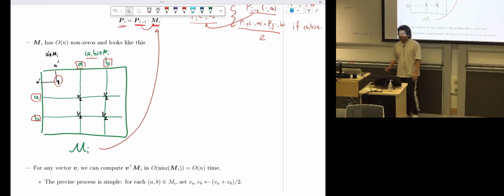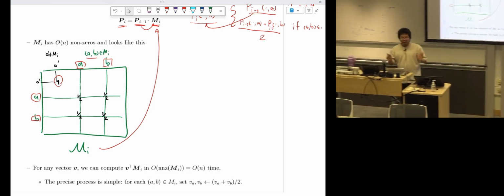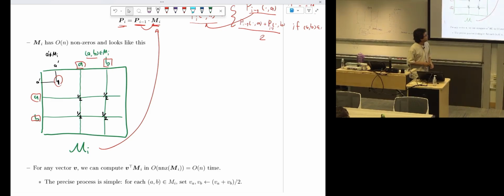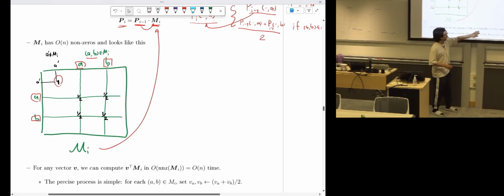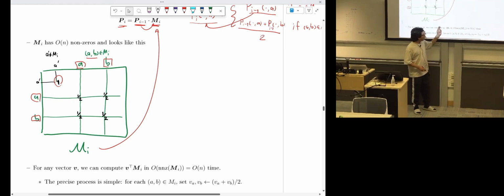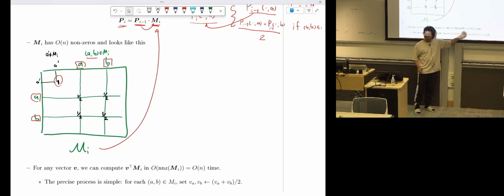Okay, that's the basic fact. So you can multiply v by M_i in O(n) time.